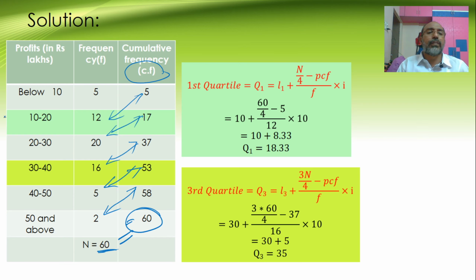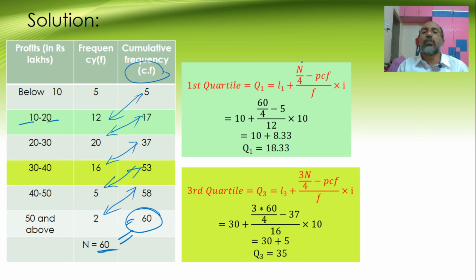These are lower limits, this side lower limits, this side upper limits. I have given some colors based on where it is falling.